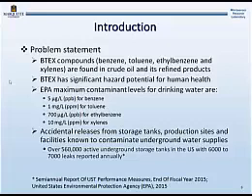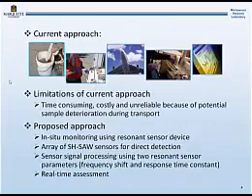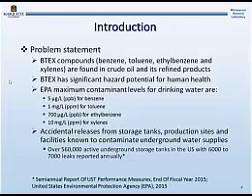And therefore, the EPA, Environmental Protection Agency, has set these maximum contaminant levels for BTEX compounds in drinking water. And you can see, especially for benzene, this limit is relatively low, so that's quite challenging to achieve.